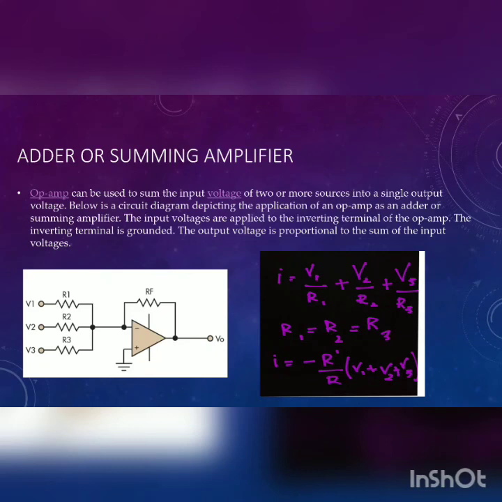If we assume that R1 is equal to R2 is equal to R3, that is equal to R, we get the formula V0 equals minus R dash by R into (V1 plus V2 plus V3), where R dash is the output impedance and R is the input impedance. Therefore, we get the formula for an adder circuit using operational amplifier.